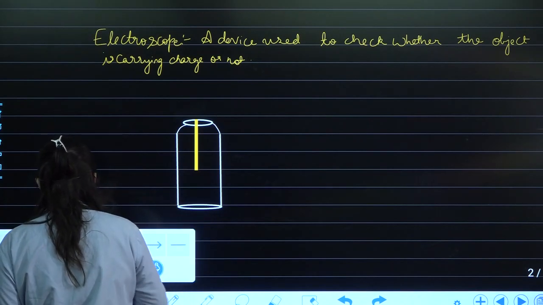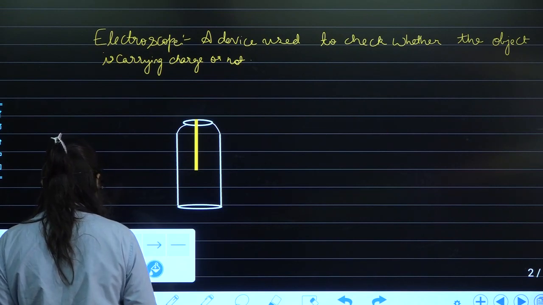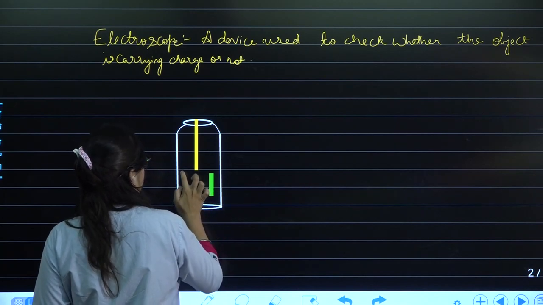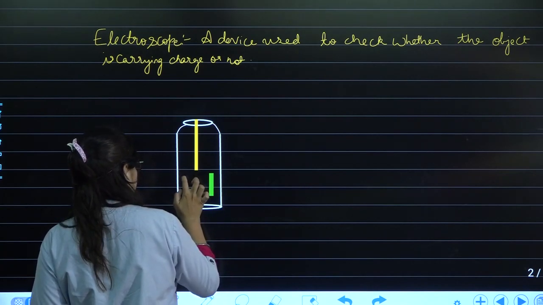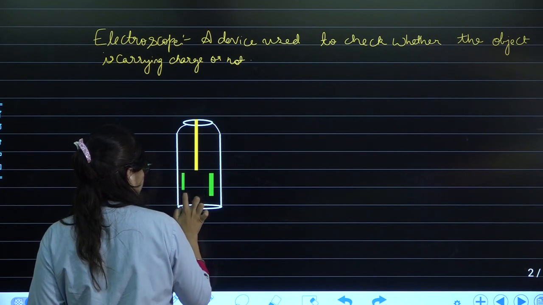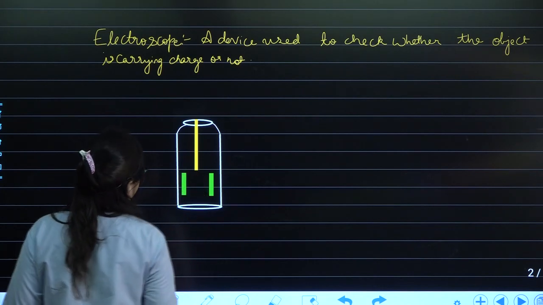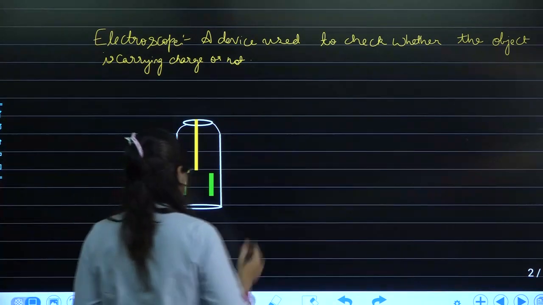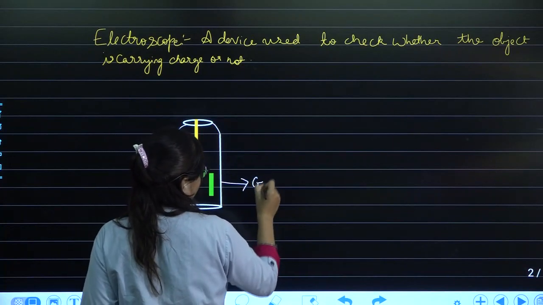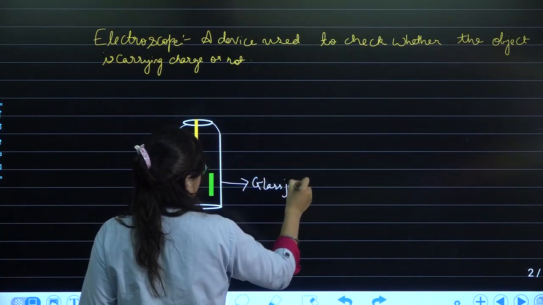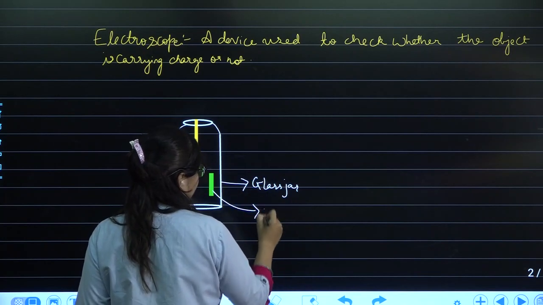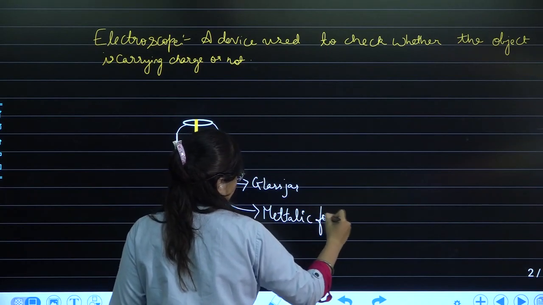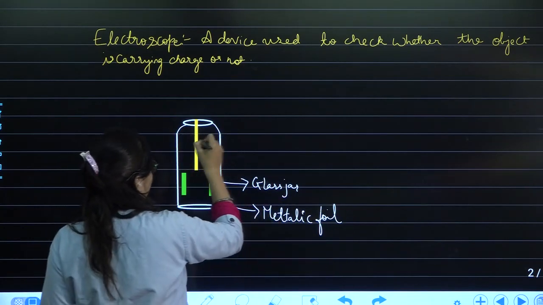First, I'll explain what this electroscope is. Basically, it is a glass jar which contains two metallic foils, and this is the brass rod.